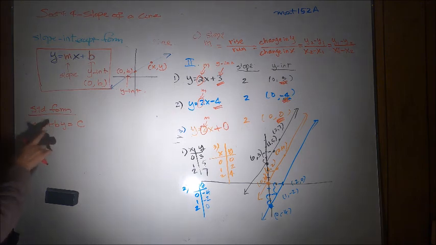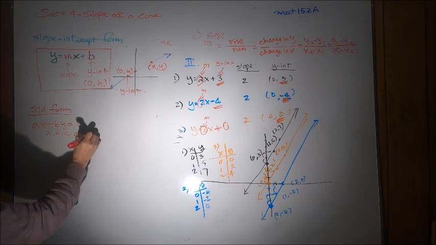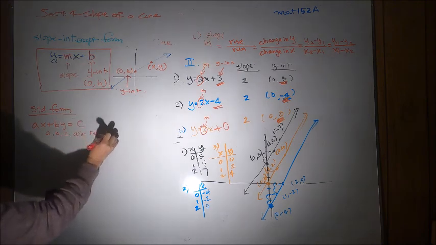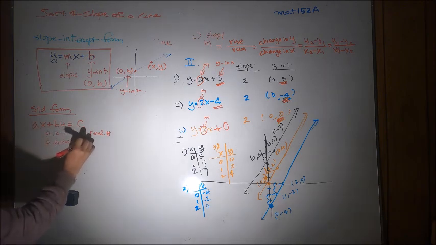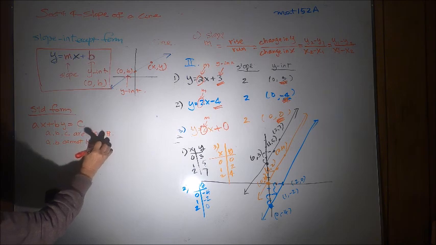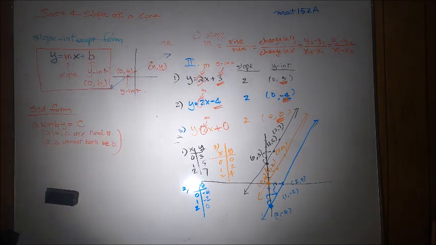A and B cannot both be 0, because then you would not have a linear equation. One of them can be 0. A, B, C are some kind of numbers, we'll call them real numbers. That's the standard form.